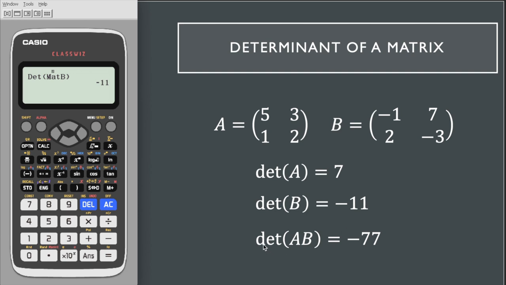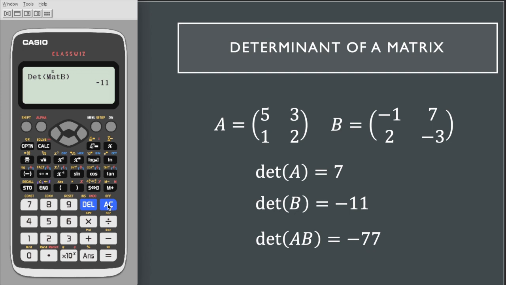Now this last result is taking the determinant of the matrix AB, and that gives us an answer of -77. This happens to be determinant A times determinant B, so we get 7 times -11, which is -77. But to work this out on the calculator, we would have to first take matrix A, multiply it by matrix B, then compute its determinant.